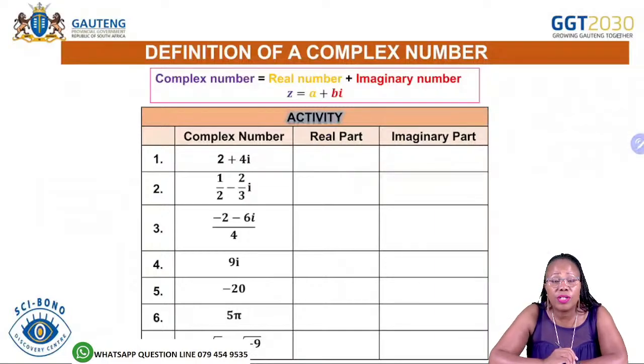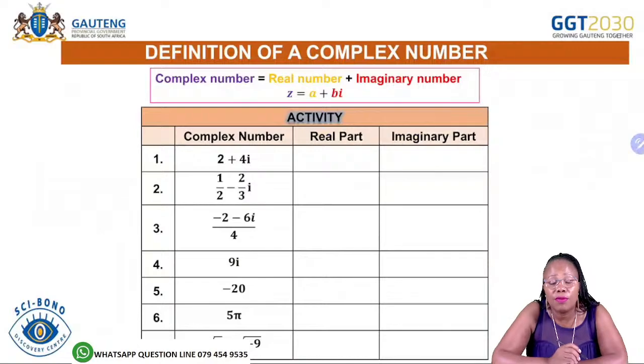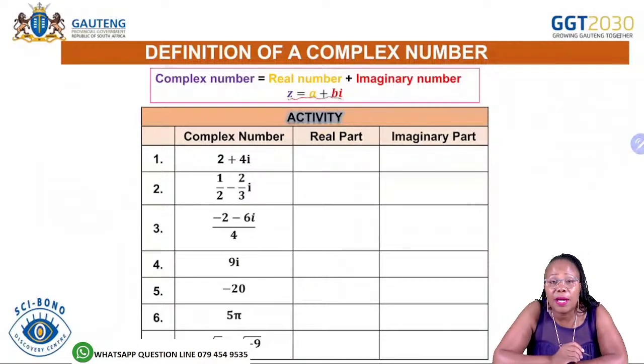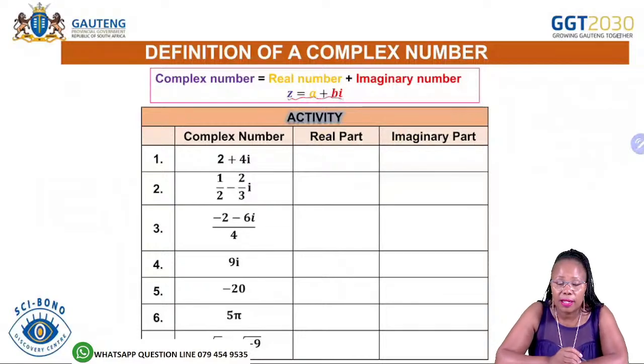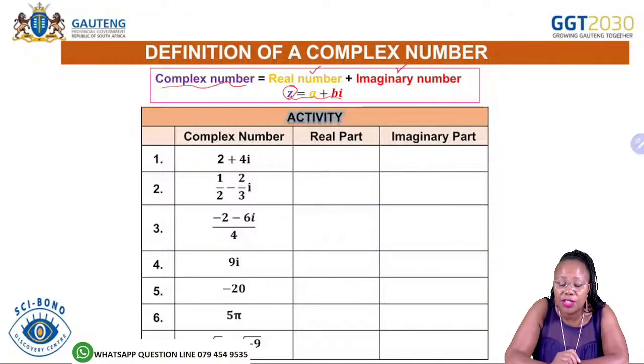And then now let's look at the definition of the complex number. Now we have indicated where a complex number comes from. And the complex number, we also indicated, is noted by a formula, Z is equal to A plus BI. So the complex number, symbol Z there, is a real number plus an imaginary number.